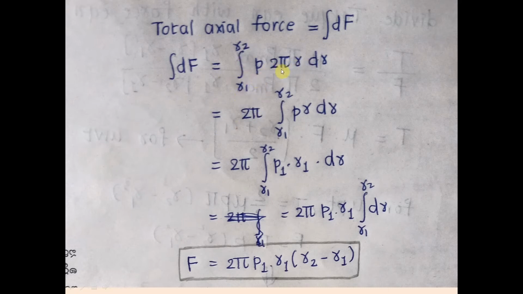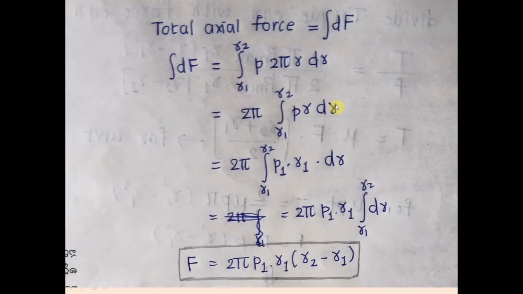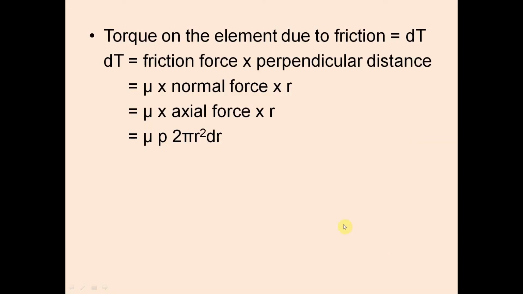So 2 pi is a numerical constant, we can take it out, and we are left with integral pr dr. As we said, pr is equal to p1 r1. We will replace pr with p1 r1, and since p1 and r1 are also constants, we can take them out, and we are left with integral dr from limits r1 to r2. So we will find total force is equal to 2 pi p1 r1 into r2 minus r1.